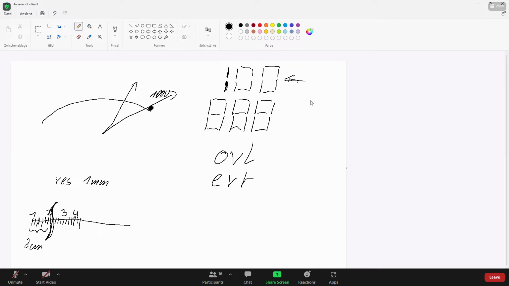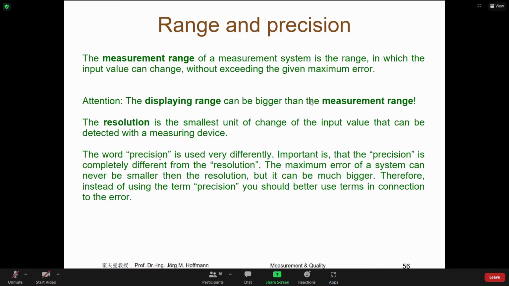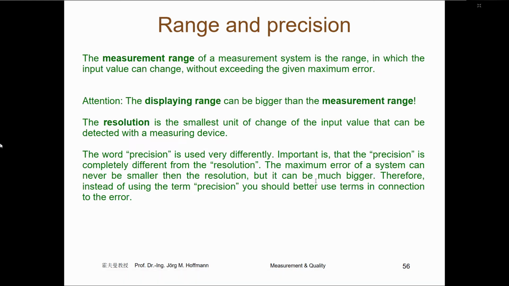That is very important to know. And that's also what I have written here. The word precision is used very differently. Important is that the precision is completely different from the resolution. The maximum error of a system can never be smaller than the resolution, but it can be much bigger. Yes, this was the example with the cut linear.